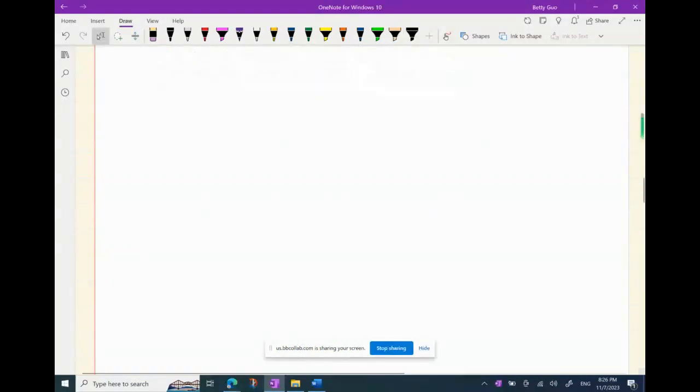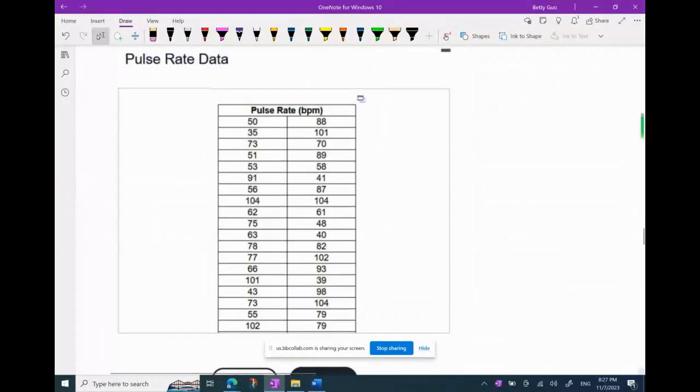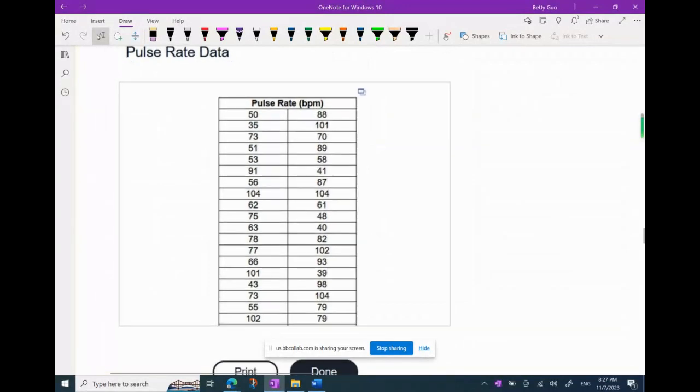Let's do it together. Let's enter the data set. I'm going to enter that in L1.